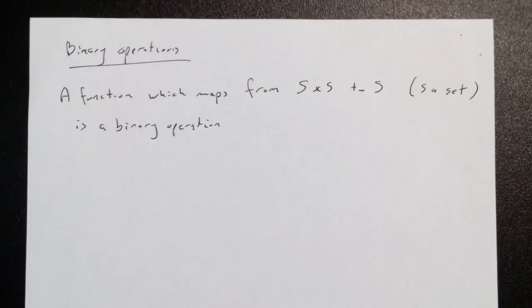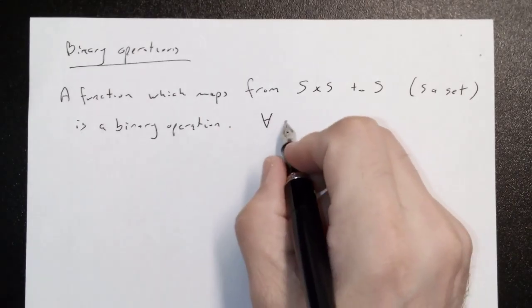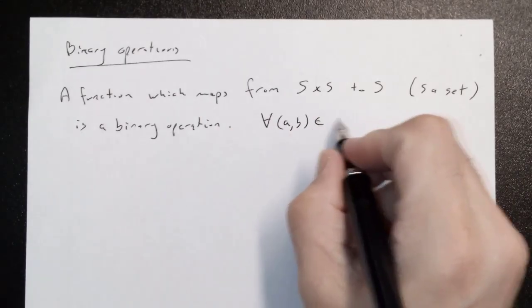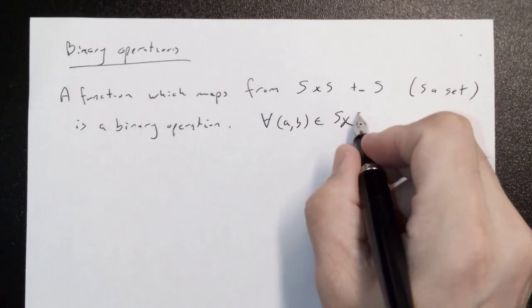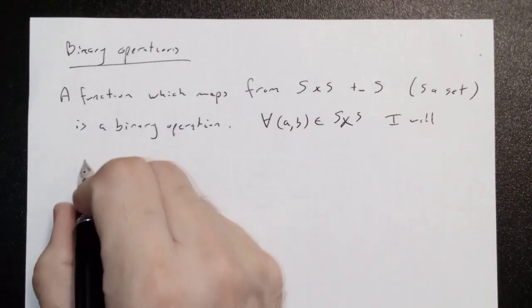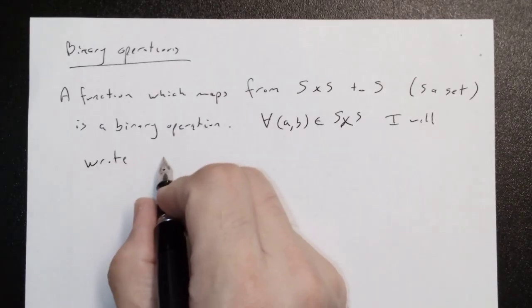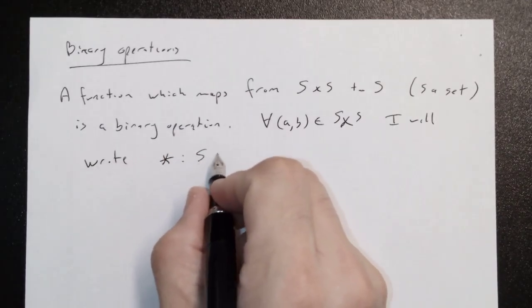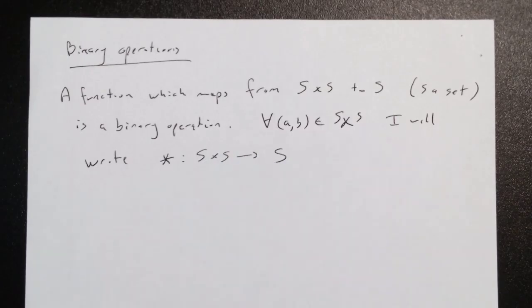But we don't have to, right? I mean, for every ordered pair in my Cartesian product, I'm going to call my function, instead of f or plus, I'm going to call it star.